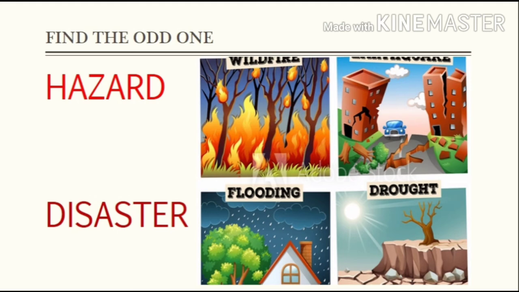In a simpler way, it can be considered as a potentially damaging physical event, phenomenon, or human activity that may cause the loss of life or injury, property damage, socio-economic disruption, or environmental degradation. So, an event has not occurred, but there is a potential threat for the occurrence of the event. And if it occurs, there may be damage to socio-economic condition, damage to property, or degradation to the environment. So that is about the term hazard.